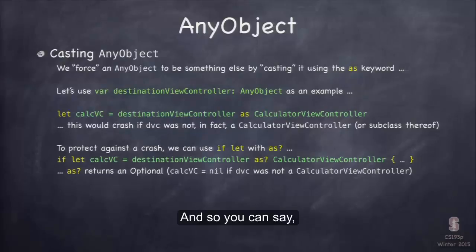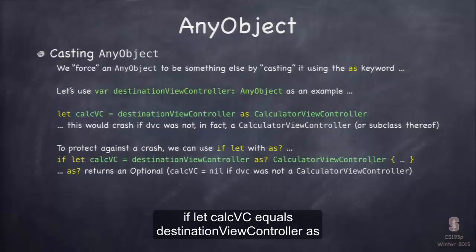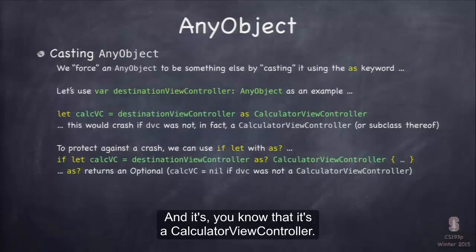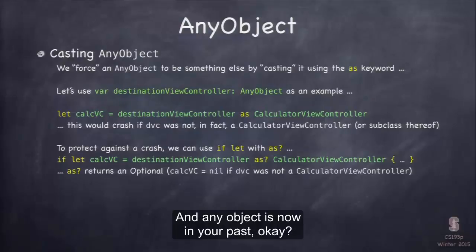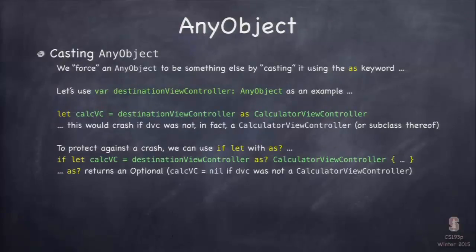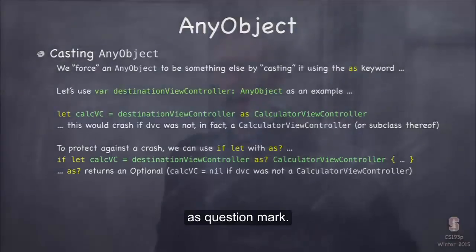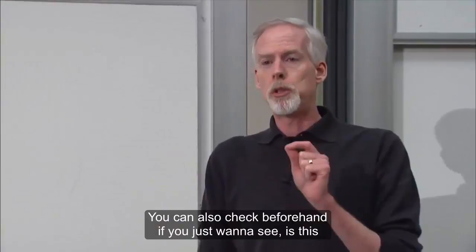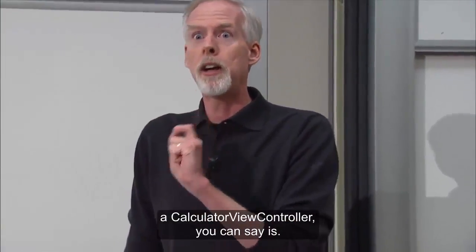And so you can say if let calc_vc equals destination view controller as calculator view controller, and then inside there you've got calc_vc set, and you know that it's a calculator view controller, and any object is now in your past. Okay? Make sense? So we get as and as question mark. You can also check beforehand if you just want to see, is this a calculator view controller?